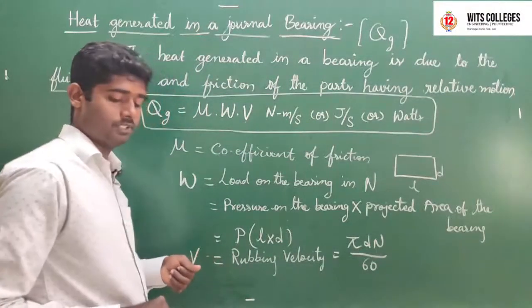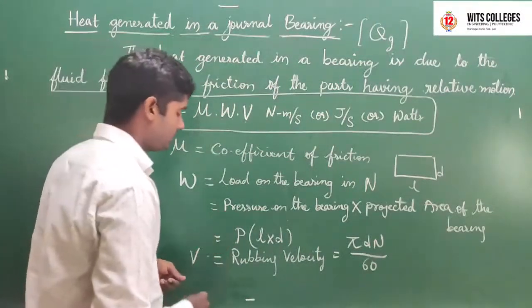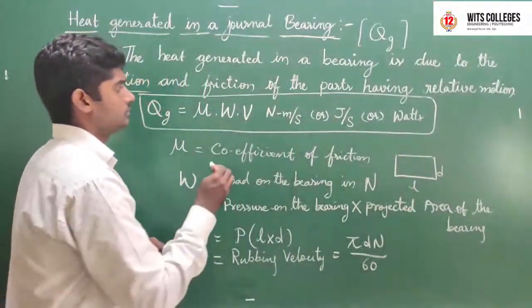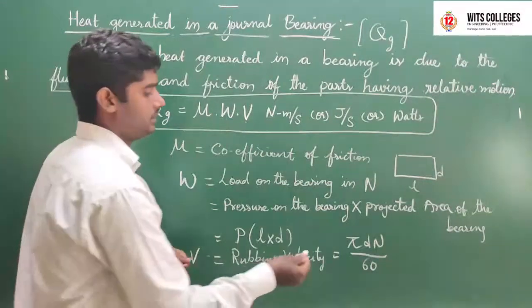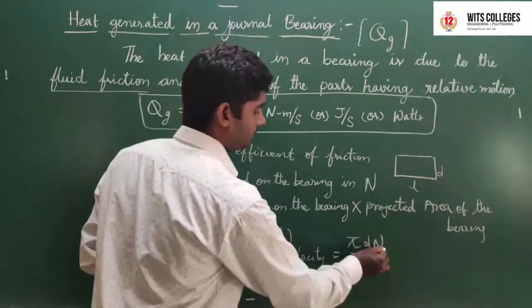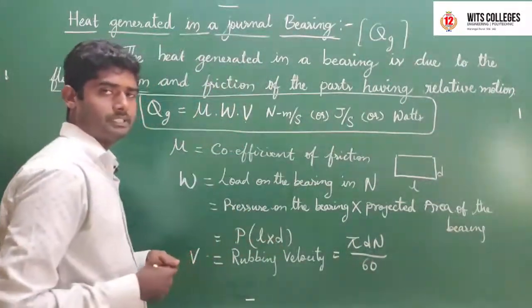Find out the V. Next, in this formula, D is the diameter, already we know, and N is the speed.